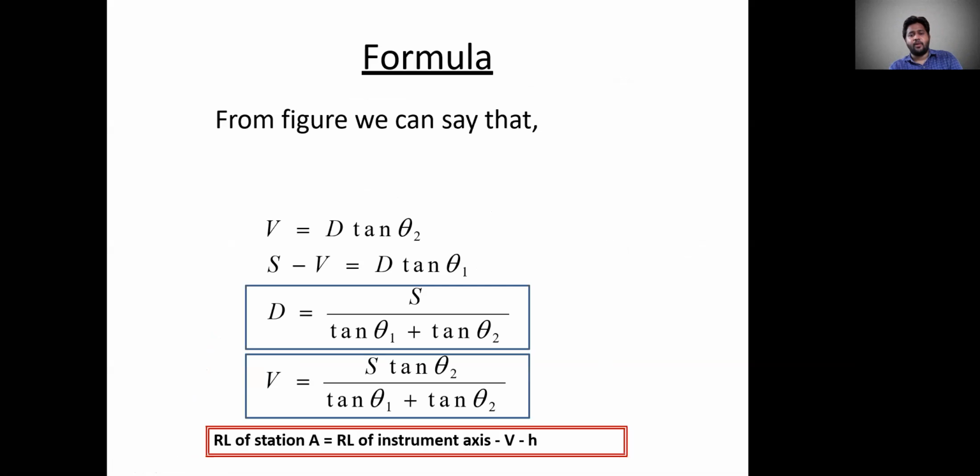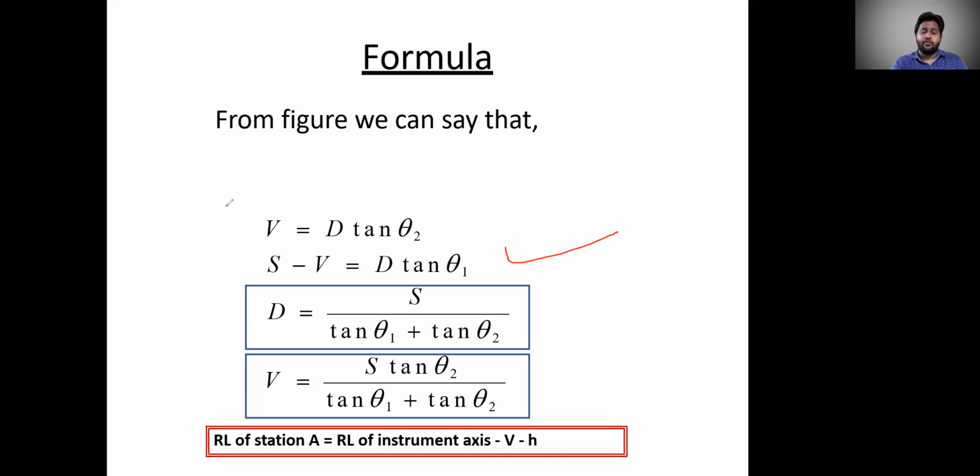Now see the formula where V equal to d tan theta 2, then S minus V equal to d tan theta 1. So in place of V, I am going to substitute d tan theta 2.